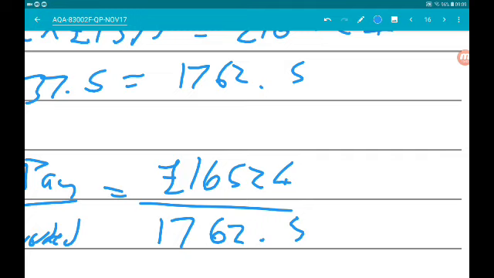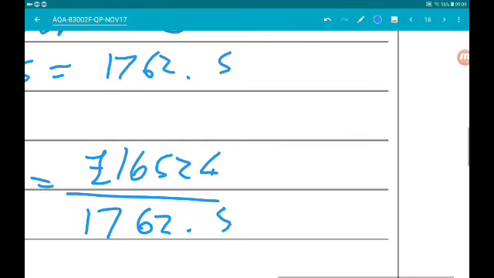Okay, we should get 9.375 and so on. So it's money, always go to 2 decimal places. So we would get £9.38. Cool.